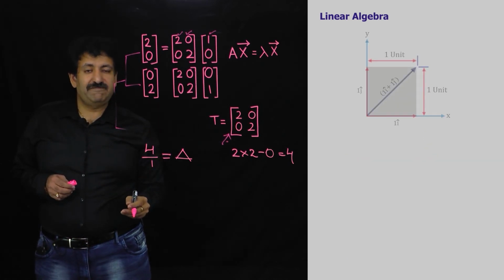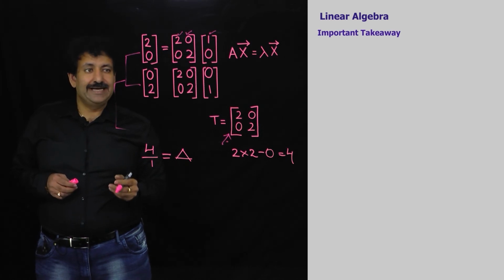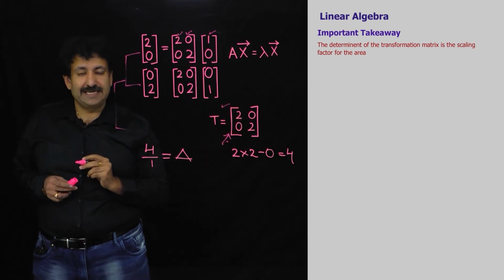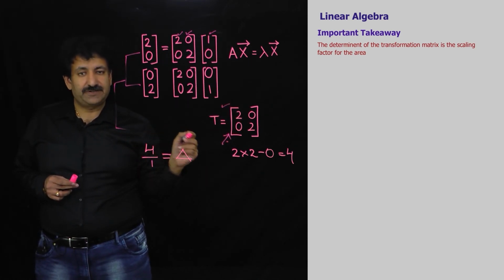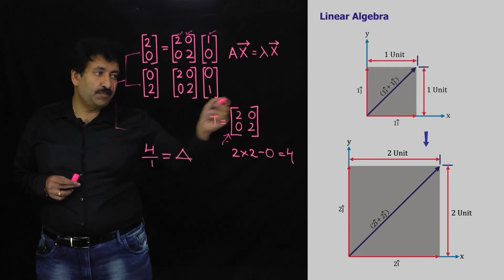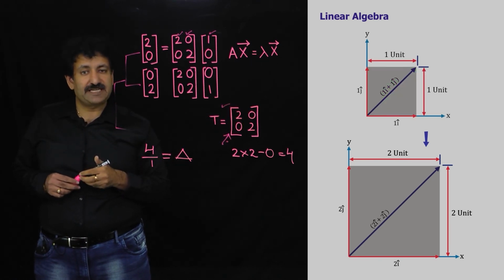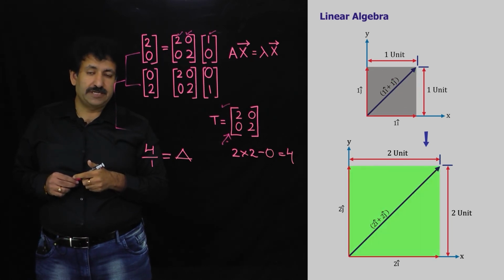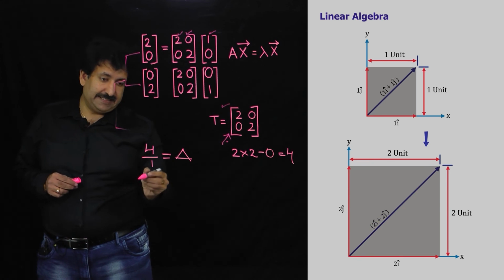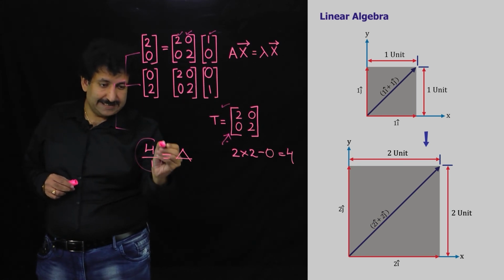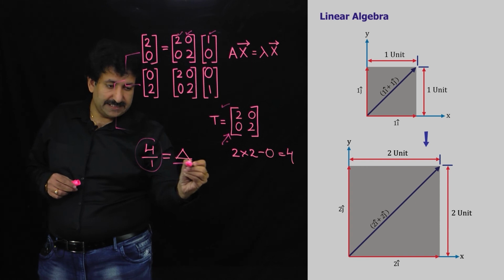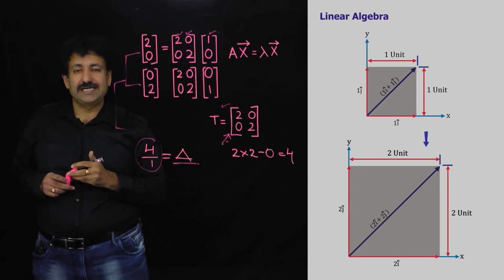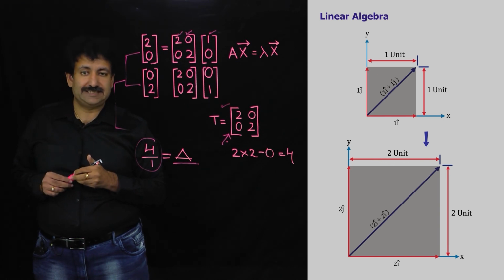And the most important fact that you got to take away here is the determinant of the transformation matrix is the scaling factor for the area. Because if you looked at both the square spaces, the first square space has unit area and the second square space has got a 4 unit square area. So that means the ratio of their areas is nothing but the determinant of the transformation matrix, and therefore this is also deemed upon as scaling matrix.